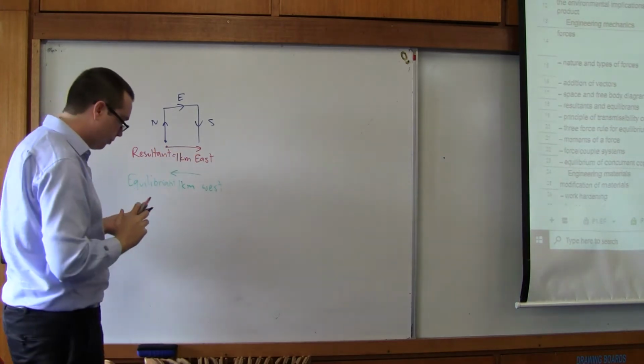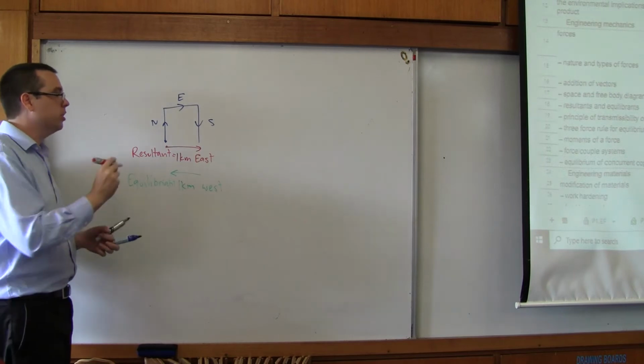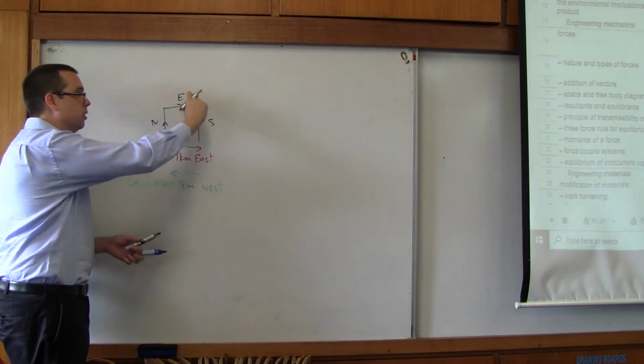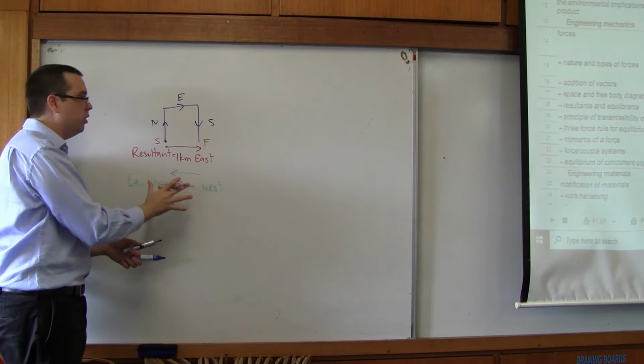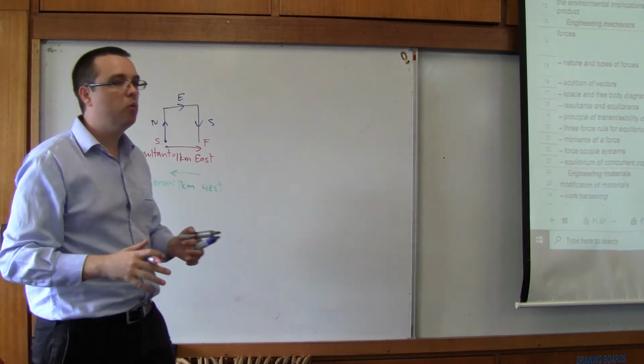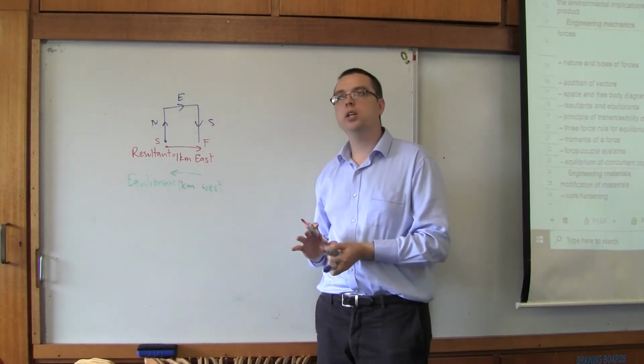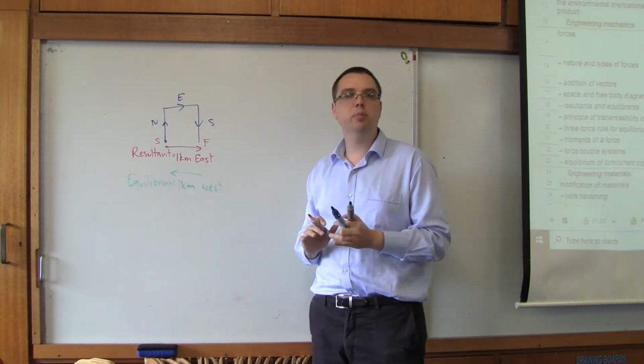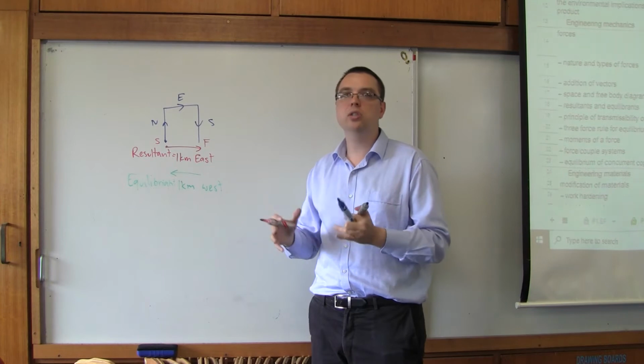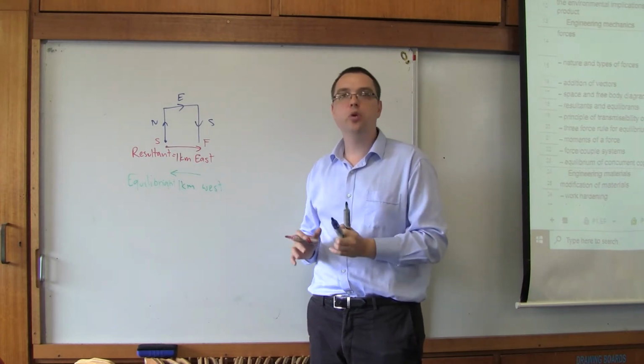So the resultant is measured from where you start to where you finish. The equilibrium says, often what we look at, especially the equilibrium of forces, is we look at things that are perfectly balanced. We're looking at scales or seesaws or beams that are perfectly balanced.